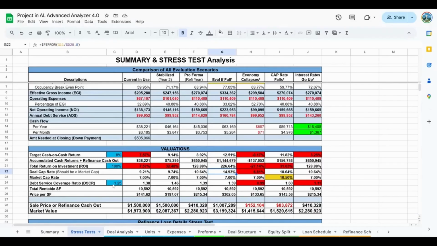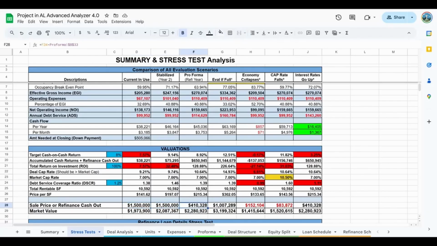And then our debt service coverage ratio, that is for the banks. The banks usually want a 1.25 value to make sure that you have enough cushion to cover your annual debt service. Now your sale price or refinance row, the first two columns, that's your sale price.